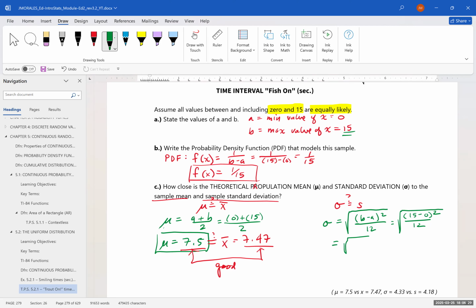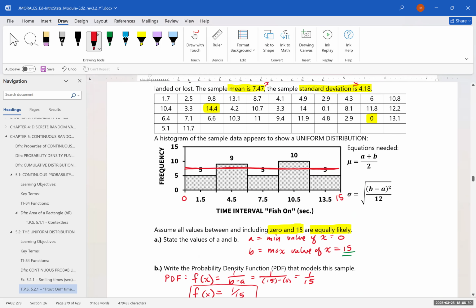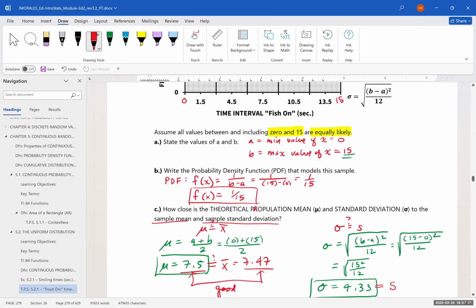So this will be the square root of 15 squared divided by 12. And that should come out to, I think, 4.33. All right, and comparing that to our sample standard deviation, which was 4.18.